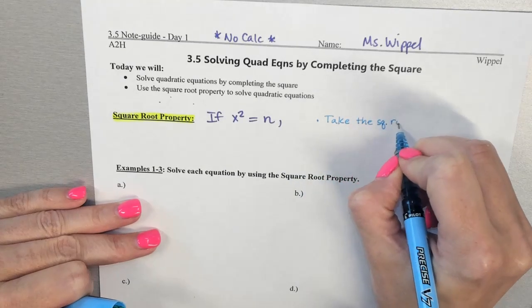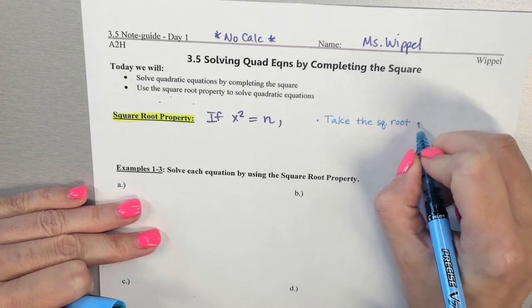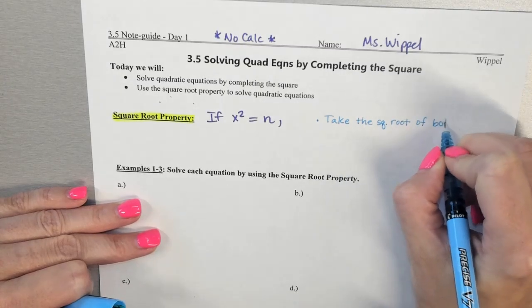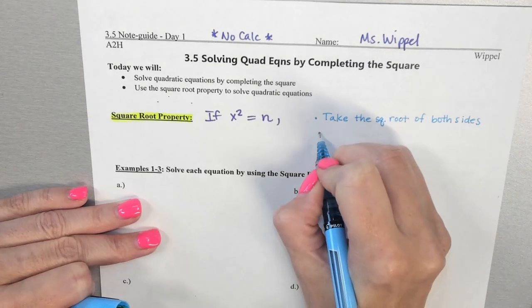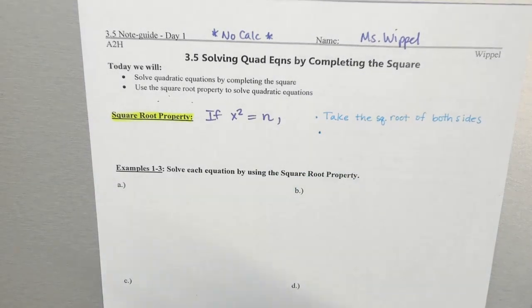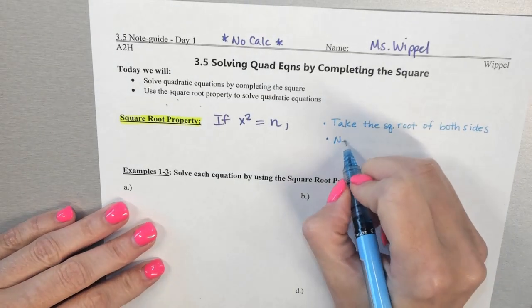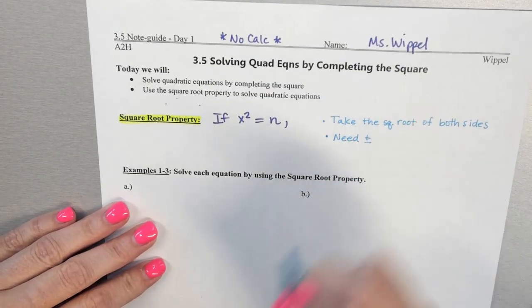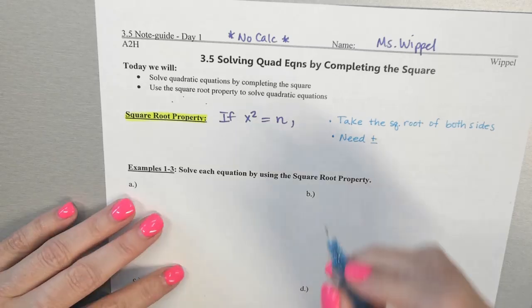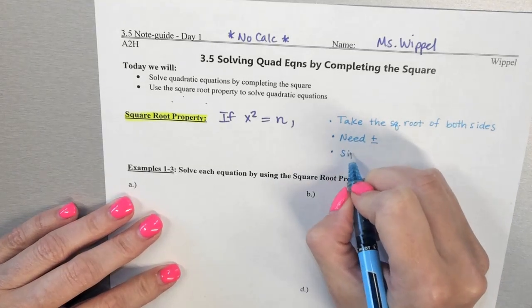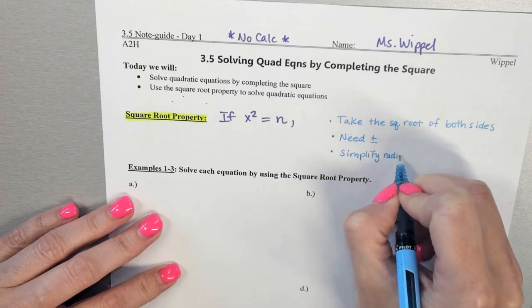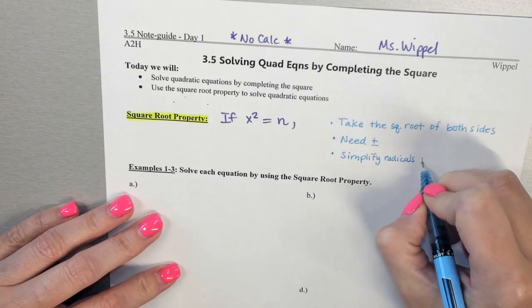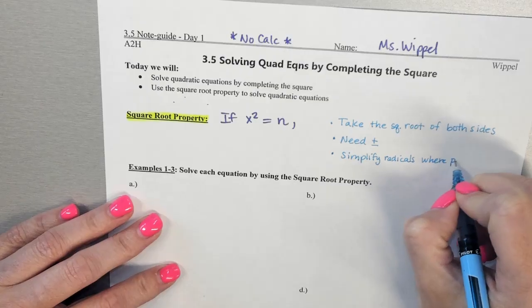I'm just going to abbreviate square. When you are the one taking the square root, you need your plus or minus. And we are going to have to simplify radicals where possible.